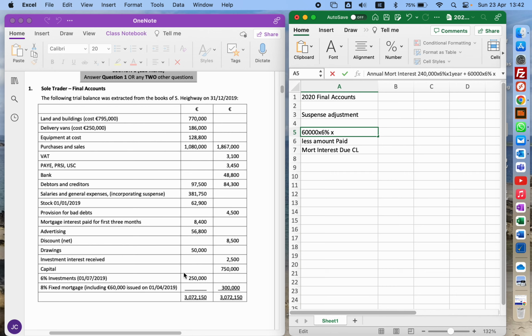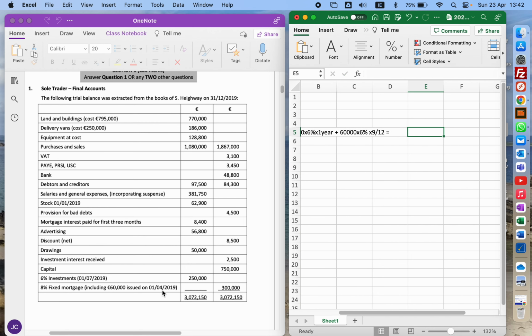Now, I took it out on the 1st of the 4th, so therefore that would be 9 months. Okay, so let's just work out the total figure for that. 240 times 6% plus 60 grand times 6% times 9/12. So that's the figure we should have for the year.